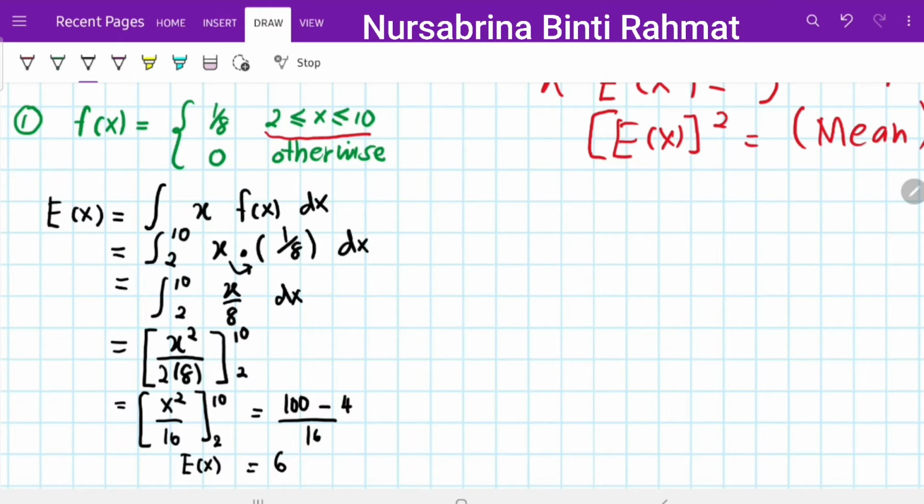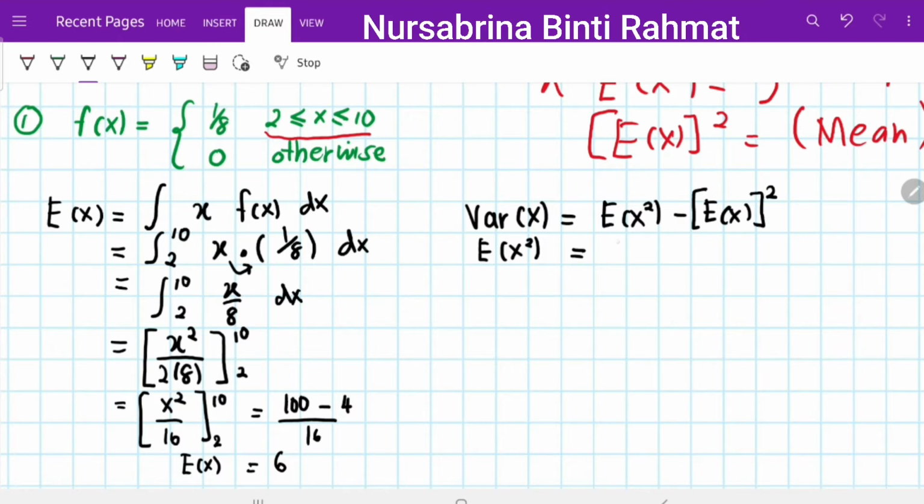Okay, so let's move on to get your variance. To get Var(X), you need to use this formula, E(X²) minus [E(X)]², where we square the mean. In order to use this formula, you first need to find out what E(X²) is. So how do we get this?